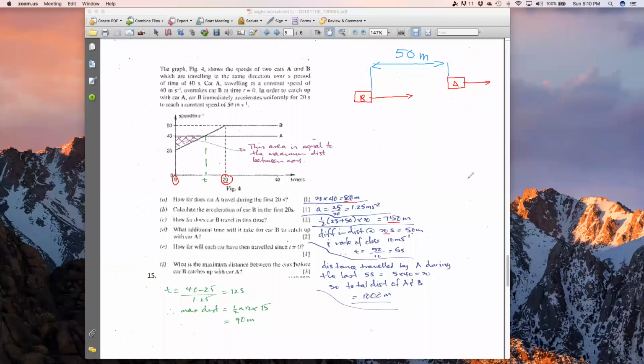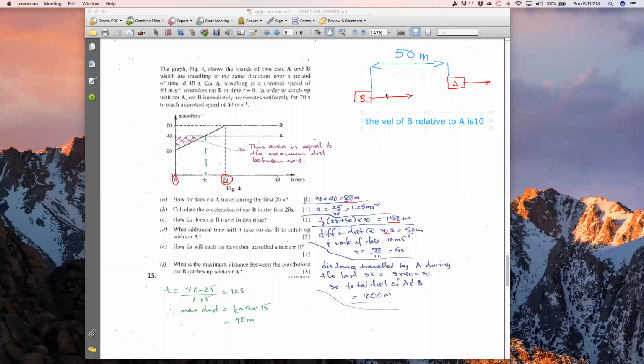Now, this is the trick part here. A is moving, B is moving, but the velocity of B relative to A is just 10 meters per second, because B is traveling at 50 while A is traveling at 40.